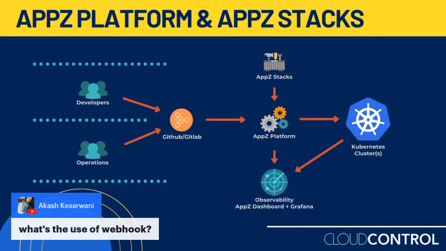What you are seeing here is that when a developer or operations personnel makes a commit to Git, we automate everything they need to do with Kubernetes clusters and manage that for them, and then bring in all the observability as part of the deployment so that they don't have to go into the Kubernetes cluster and look at the pods and the underlying logs. Instead, we bring everything to the observability dashboard that we have. That's the value add that we are bringing.